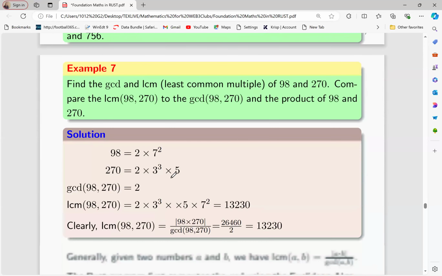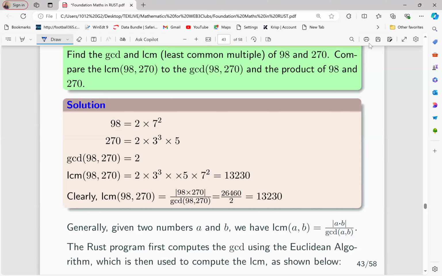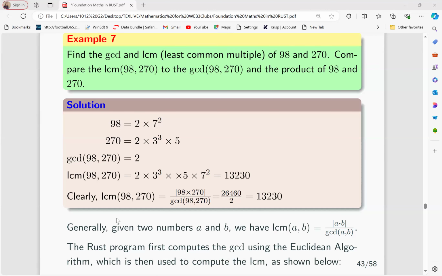Now, I've shown another example here, but this one I've not. Let me just now run the code and we see how the code runs. I was almost forgetting to show you how it runs.